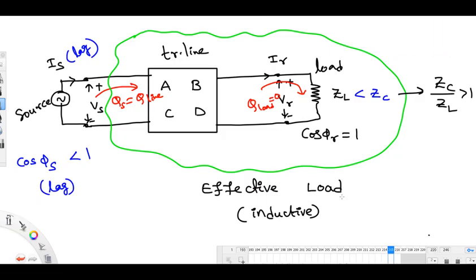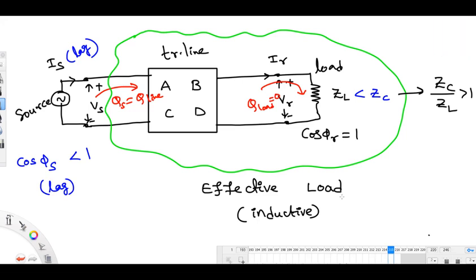L equals lambda means the wavelength equals the physical length of the transmission line. You are not modifying lambda; you are modifying the physical length of the line, increasing it and making it equal to lambda.